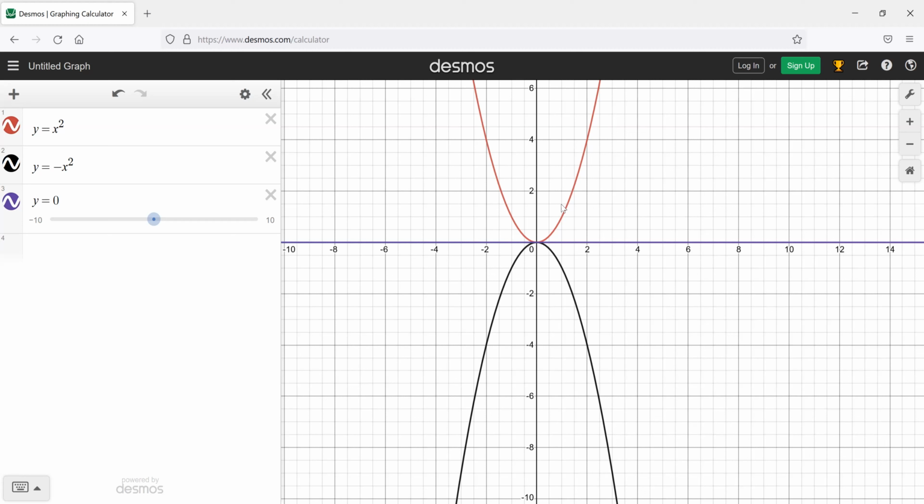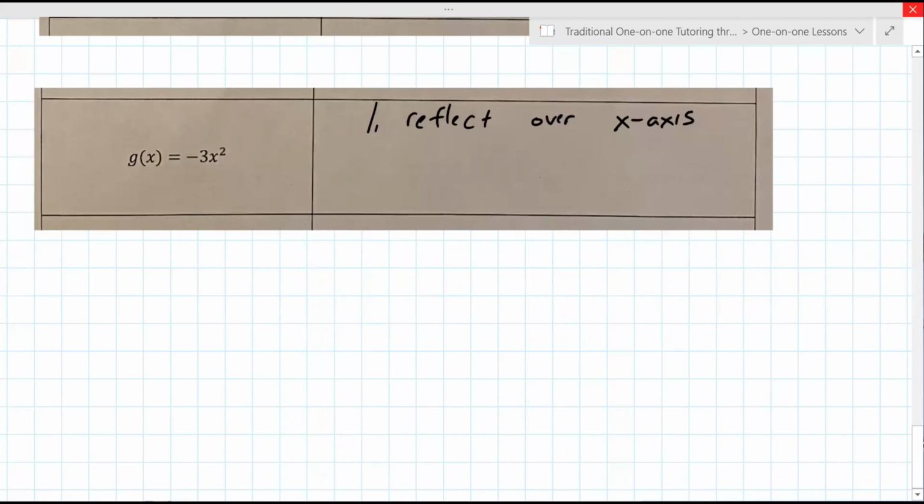So the words here are reflect over the x-axis. Let me go back to the other screen so you can see that written out. Do you see this? Reflect over the x-axis? Yes. So that negative is what a reflection over the x-axis looks like.